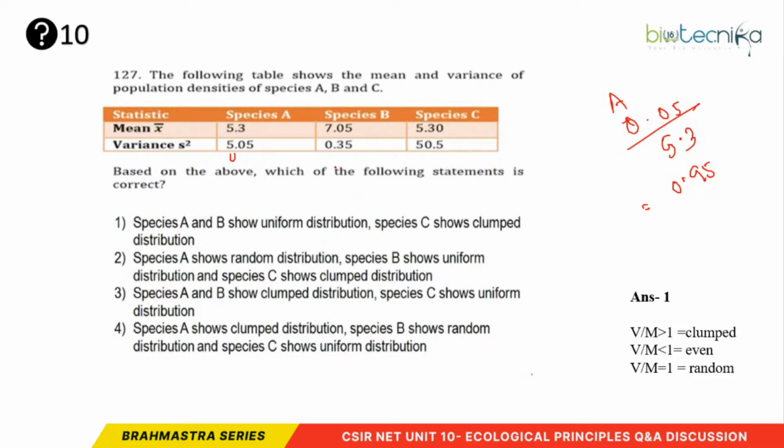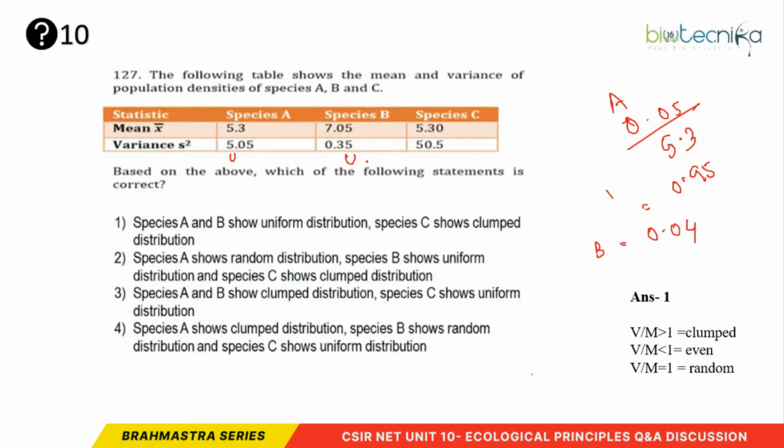Both are the same. If you take the next one, which is 0.35 divided by 7.05, for B it is coming as 0.404, which is definitely less than 1. So this is also uniform.